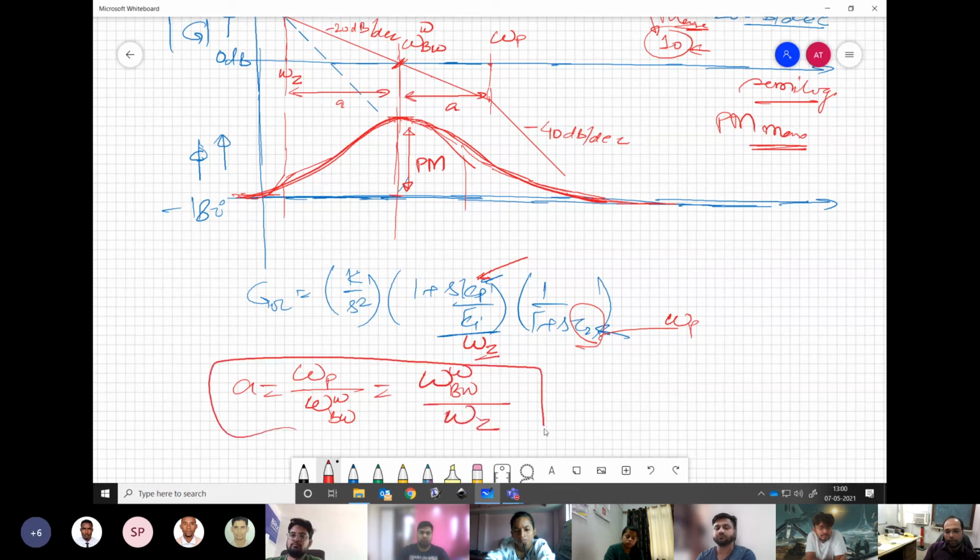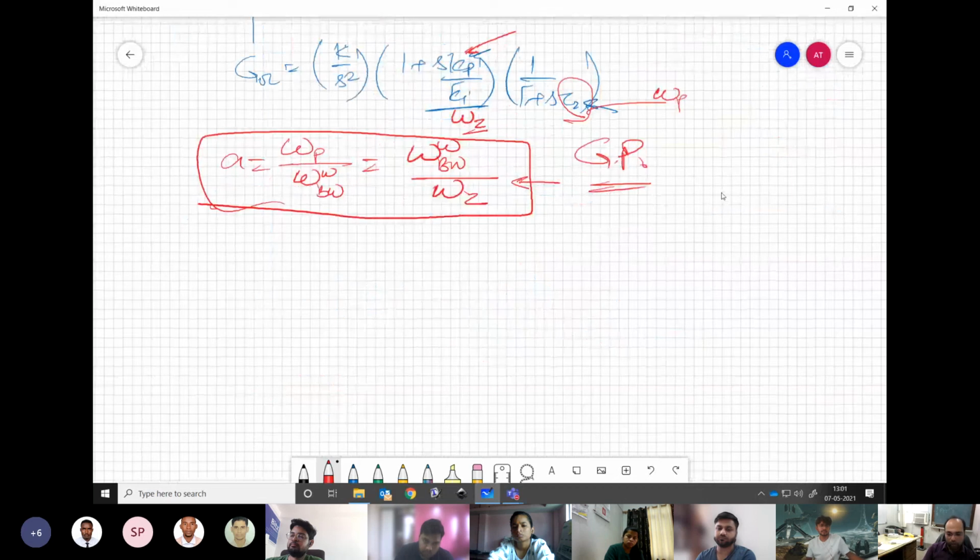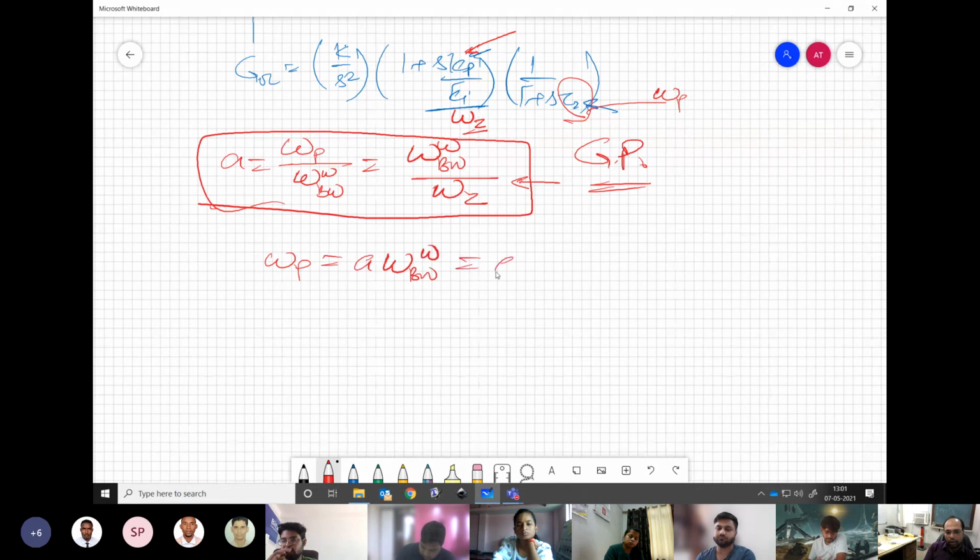So these three corner frequencies have come in this order, a geometric progression. Understanding my point? Other way to write it is your omega pole is A times of your omega bandwidth and is A square times of your omega z.